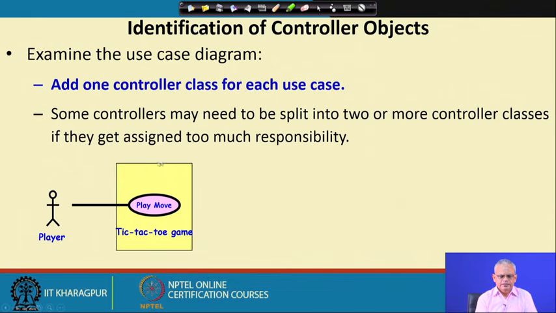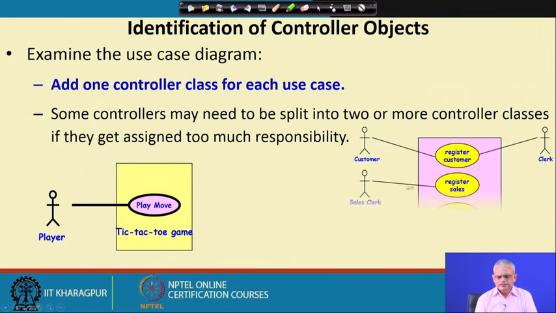For this simple diagram, we have only one controller required because there is just one use case. For this diagram, we need 3 controller classes: the register customer controller, register sales controller and select winners controller.